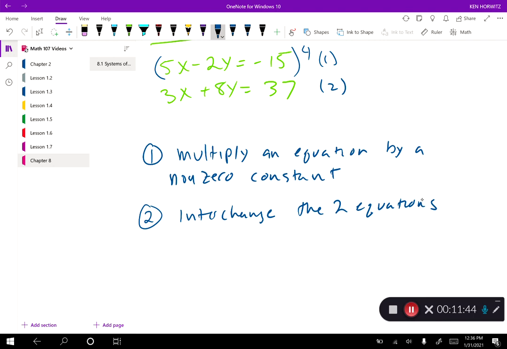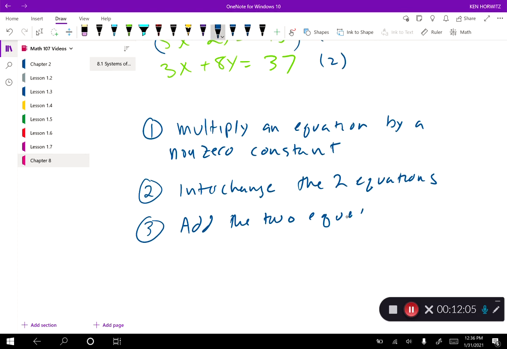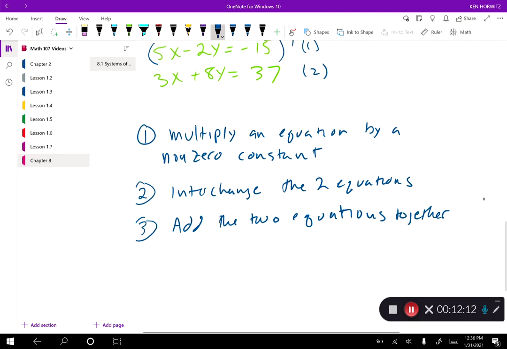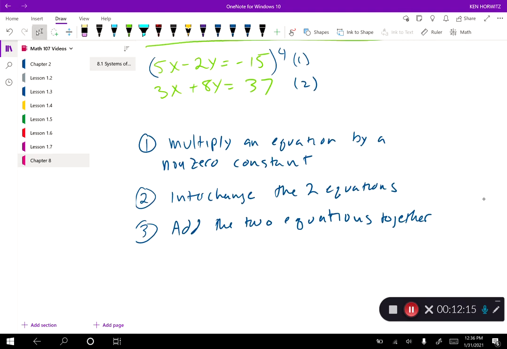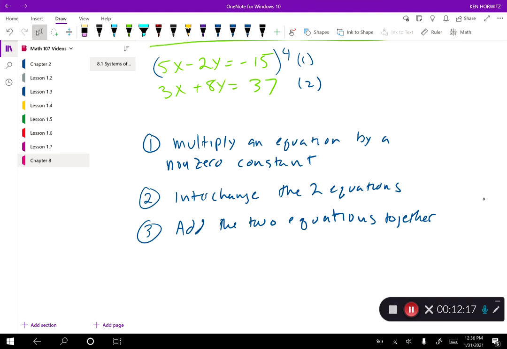So for example, just because I labeled it 1 and 2 doesn't mean I couldn't switch the numbers and label the bottom one 1 and the top one 2. And the third thing we're going to do is add the two equations together. It's numbers 1 and 3 that you're going to do most often. So you're going to multiply by a non-zero constant and add the two equations together.